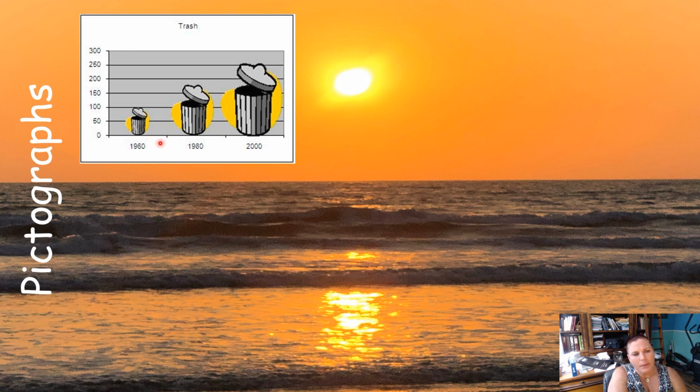What we do know is that in 1960 there's this little teeny trash can that looks like maybe it had 100 units of trash. In 1980, gosh, we'd expect to see some huge increase.